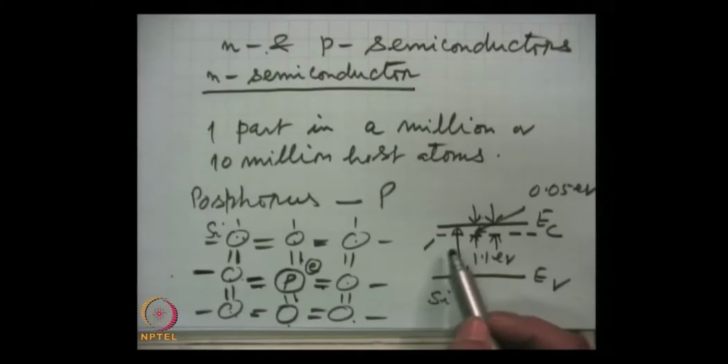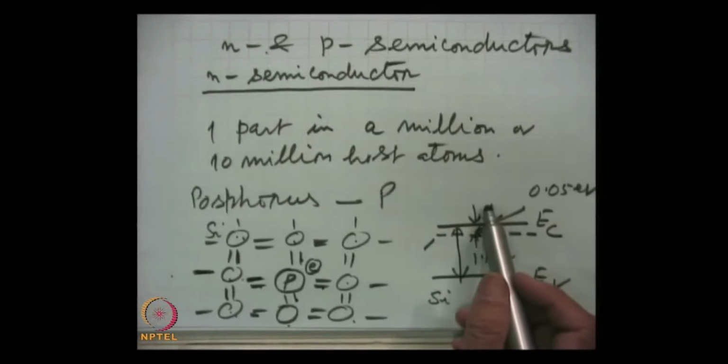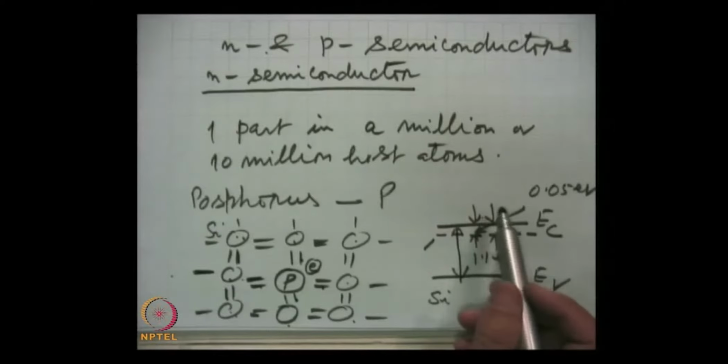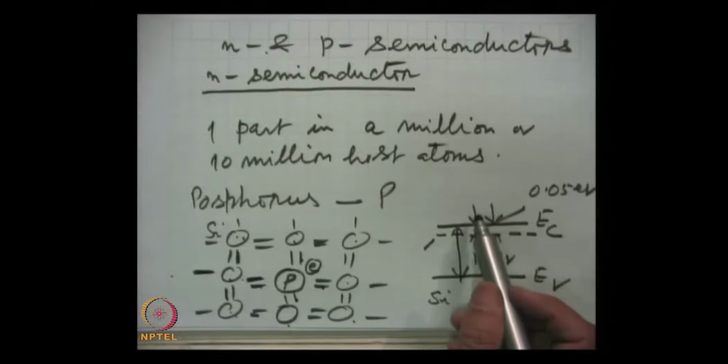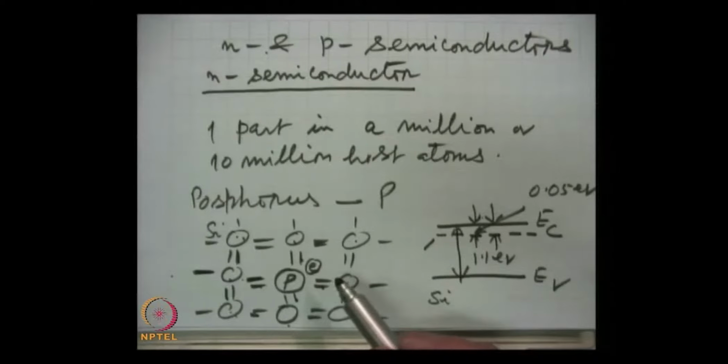So, these electrons will be extra, in excess of the charge carriers which were present in the intrinsic material.